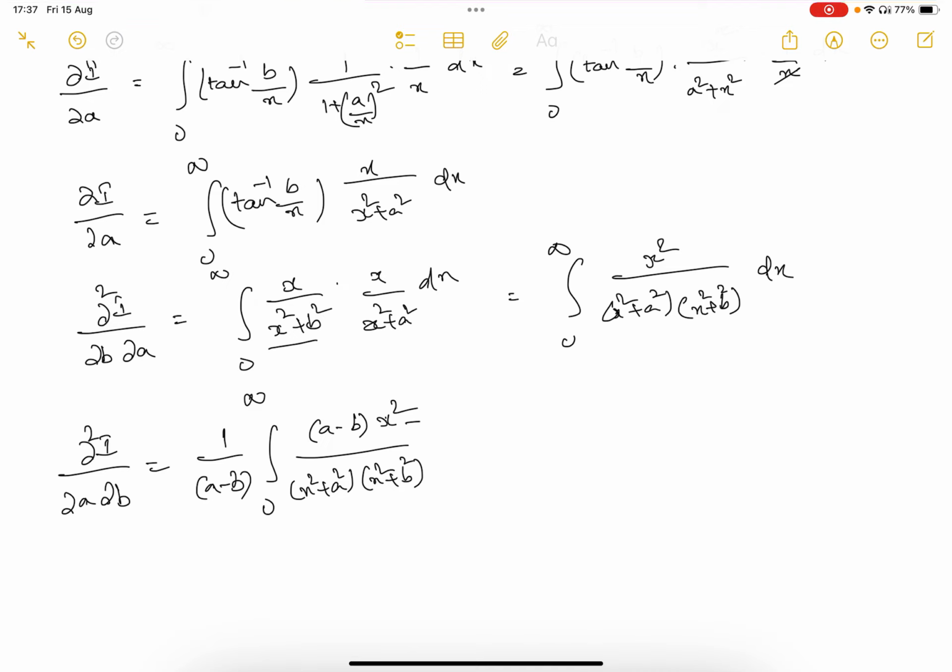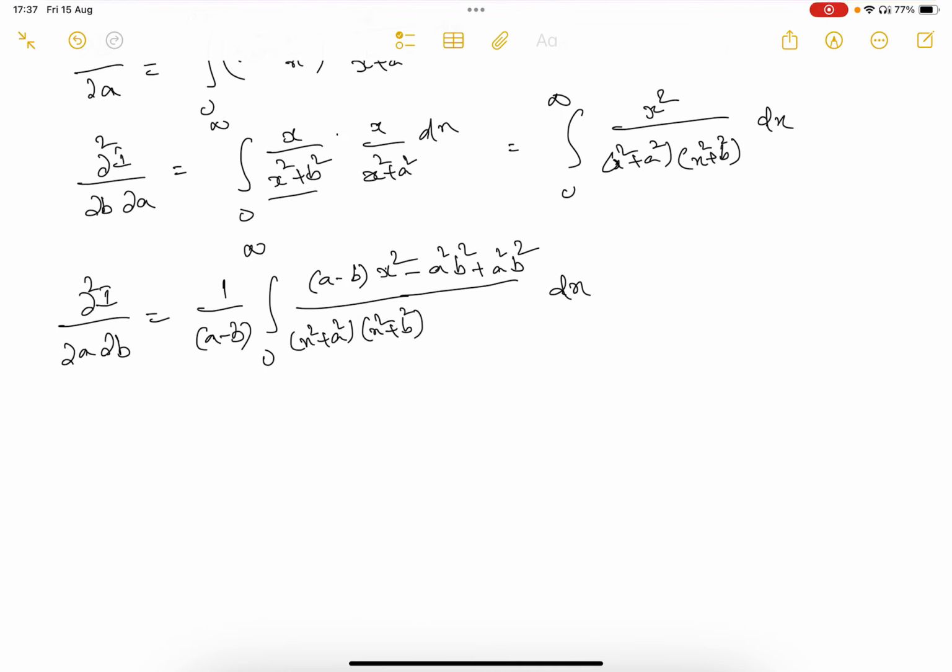Let's add and subtract a square b square. So let's see if we can make some simplifications. Then dou square I by dou a dou b is 1 by a minus b into integral 0 to infinity.